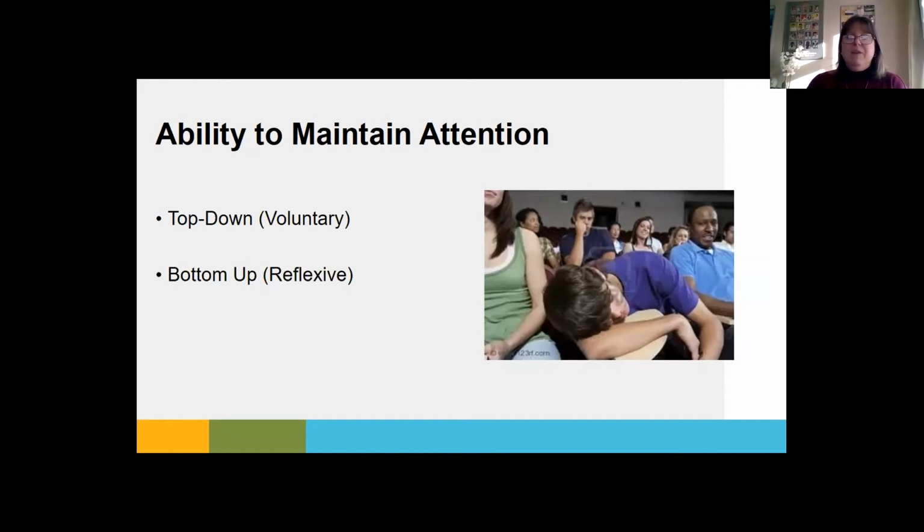Another way to think about this is where we fail to maintain attention. So top down, we might really want to listen to a particular lecture, but bottom up, maybe we didn't get much sleep last night, we're very tired, and despite our best efforts, our concentration just isn't there, our focus just isn't there.